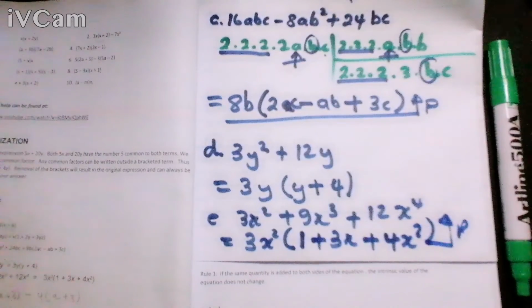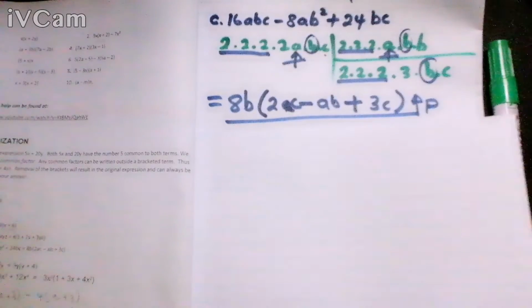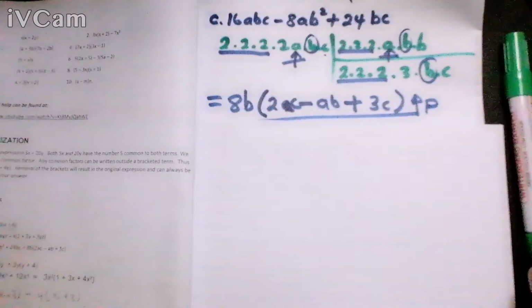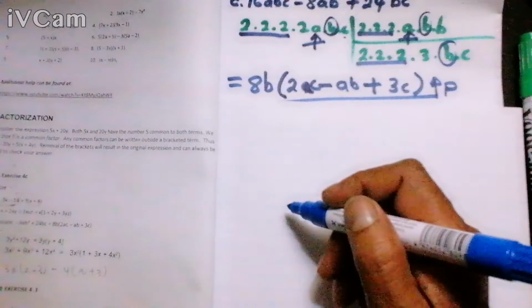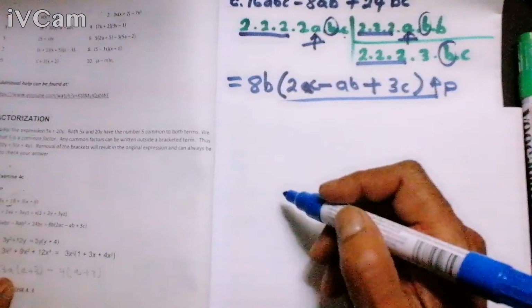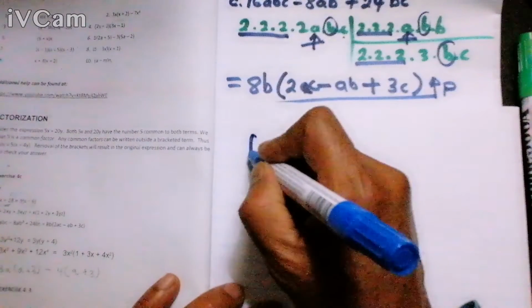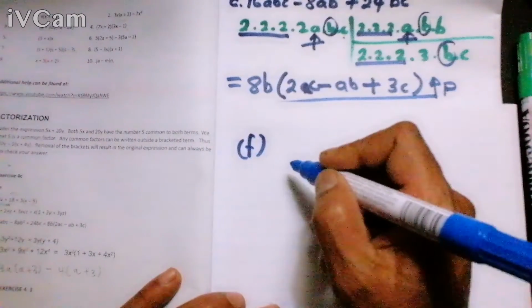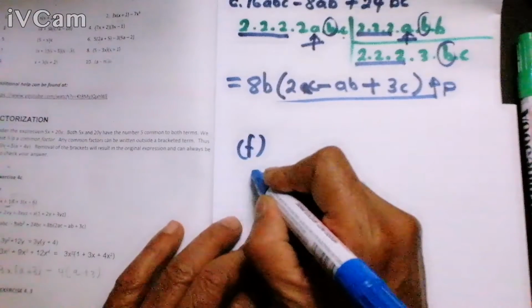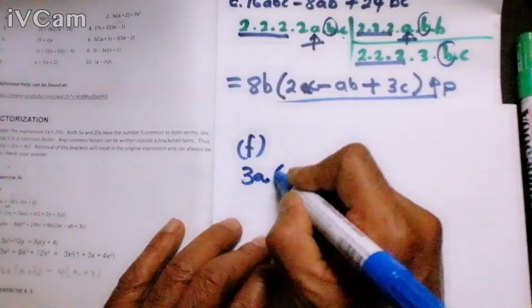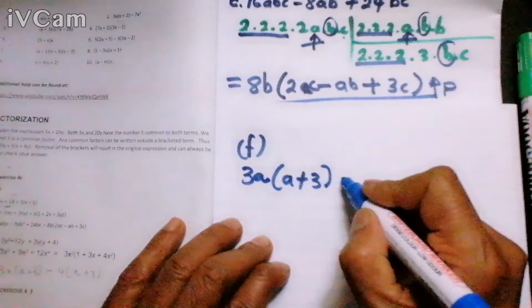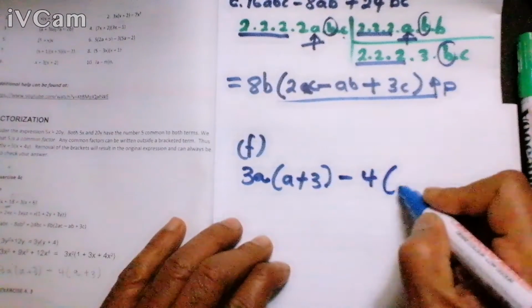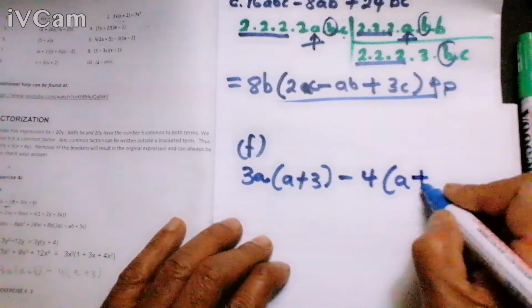I just want to add one more type of question, and we can call that F. As an example, F, which I've added here, which is 3a into a plus 3 minus 4 into a plus 3.